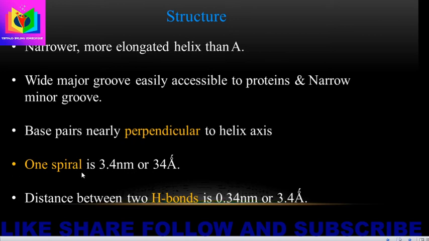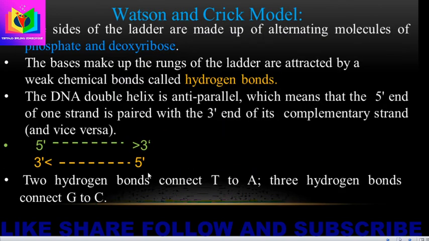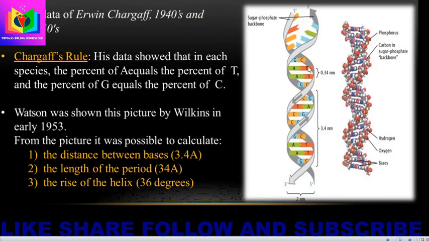The distance between two base pairs is 0.34 nanometer, that is 3.4 angstroms, and one turn of the helix is 3.4 nanometer.